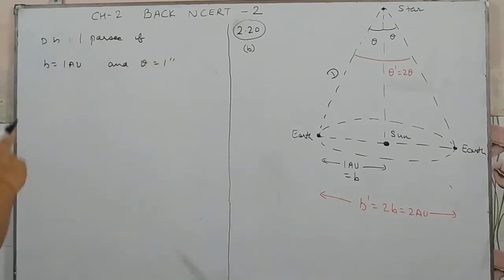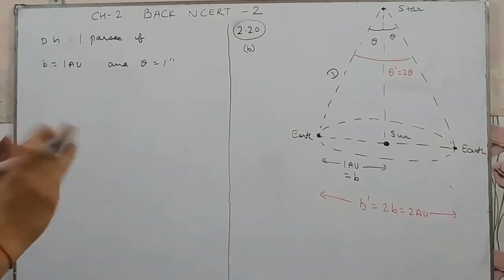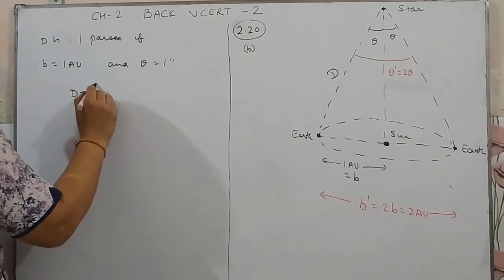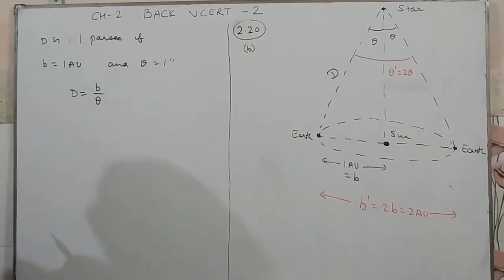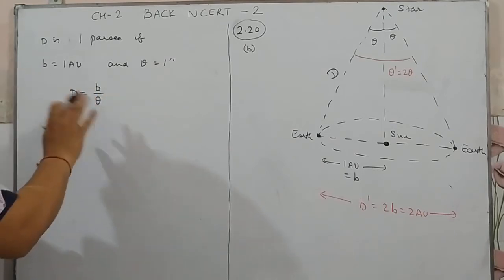Now, in this case the situation is a little bit different, because if you go for the relation d equals b by theta, where b is the basis, d is the distance, and theta is the angle.